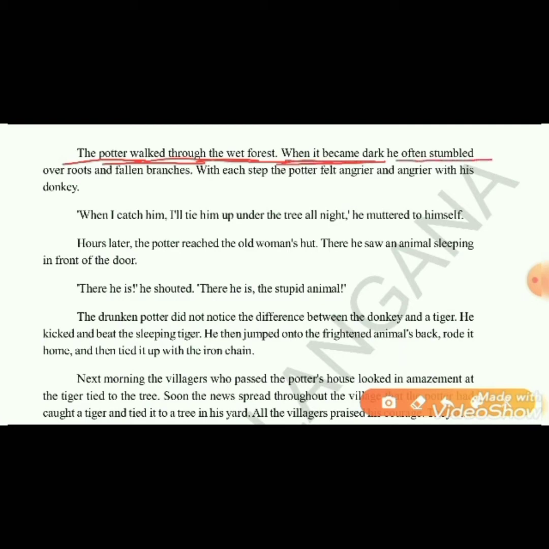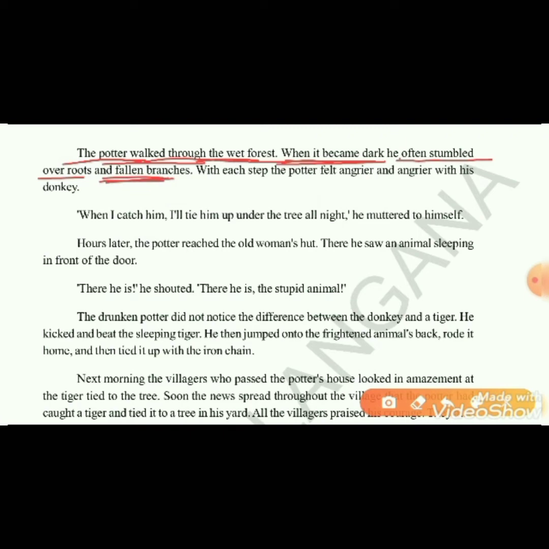But did he find it? No. So he went on. The potter walked through the wet forest. When it became dark, he often stumbled over roots and fallen branches. With each step, the potter felt angrier with his donkey. So he was searching for his donkey.